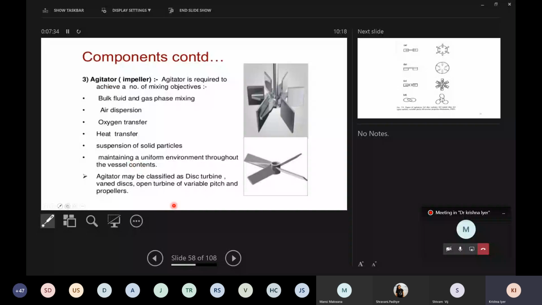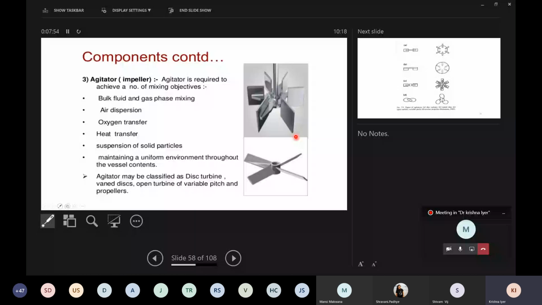Now there are several types of agitators that you can get. You can get what are called disc agitators or disc impellers. You can have what is called a vaned disc type of system, and you can have what are called propeller type of systems. I'll give you a feel for them a little bit, but a couple of them are shown here.